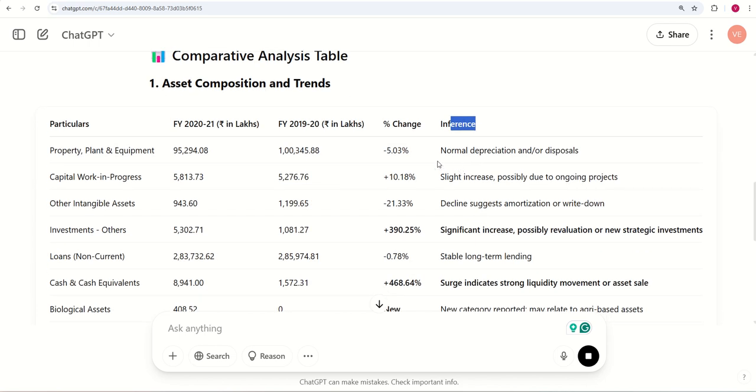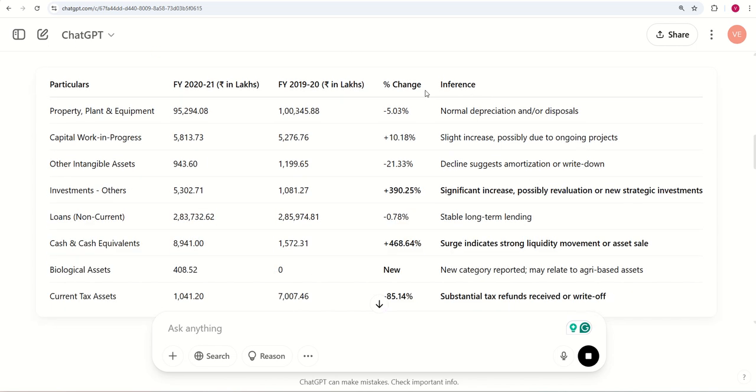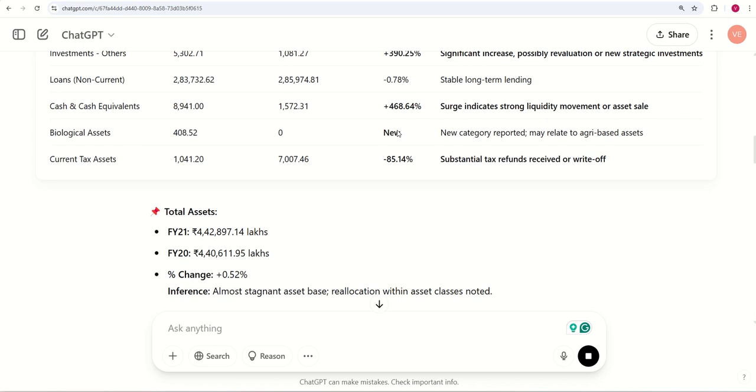What does it mean? Like 390%, there is something which has increased. So it's telling that it's a significant increase, possibly revaluation or new strategic investments. So like that, you get a one line inference for each of these comparisons for each of these line items.